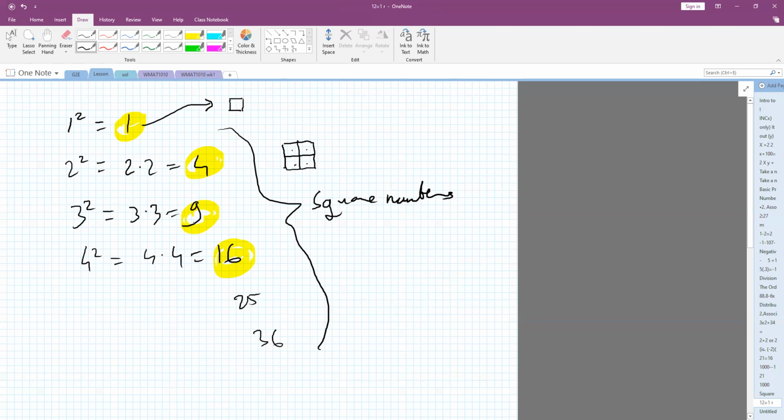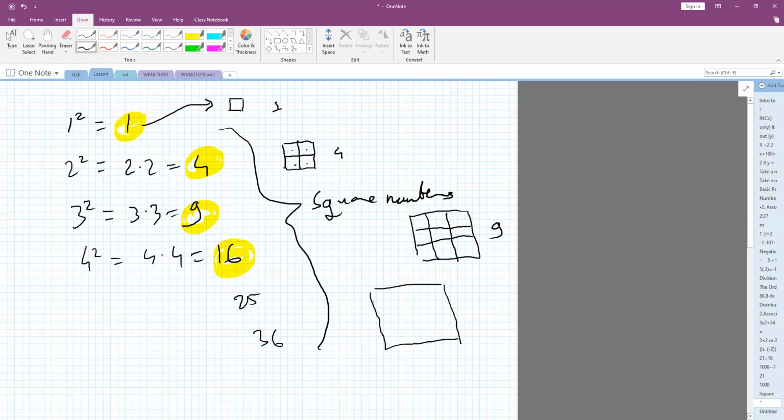Now in this case, when you have 9, it's like you have smaller squares and then you arrange them into something like this. There we go. We have 1, 2, 3, 4, 5, 6, 7, 8, 9. So this is 1 square, this is 4, this is 9. And imagine when you have 16, you have a bigger square.